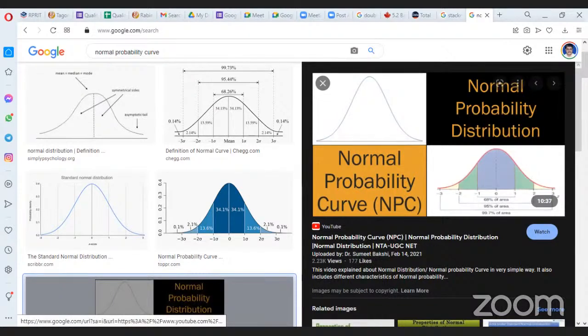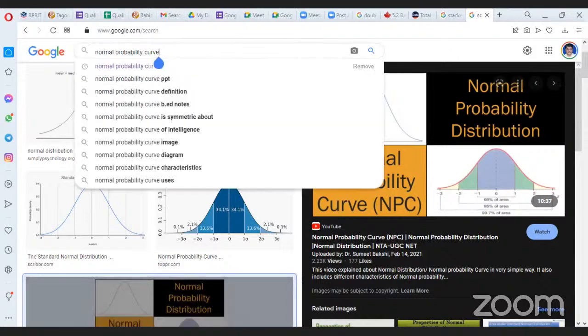So please write down the empirical rule in statistics allows researchers to determine the proportion of values that fall within certain distances from the mean. Full stop.